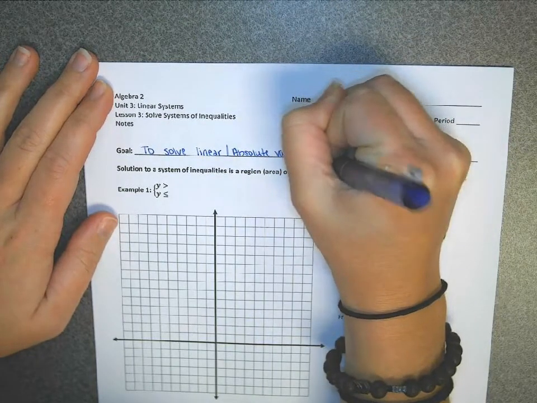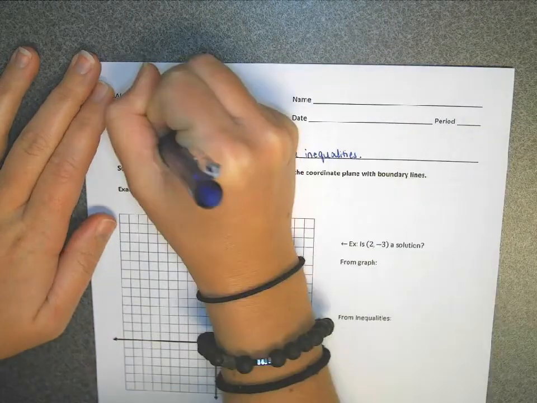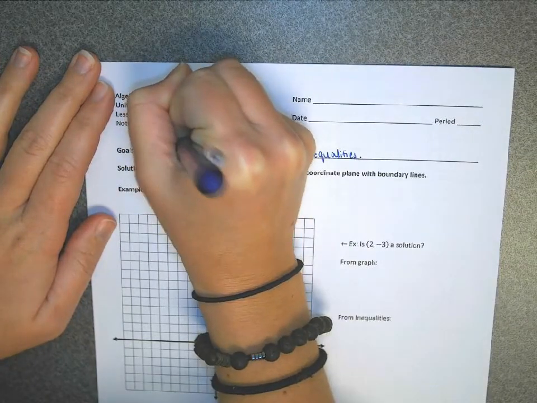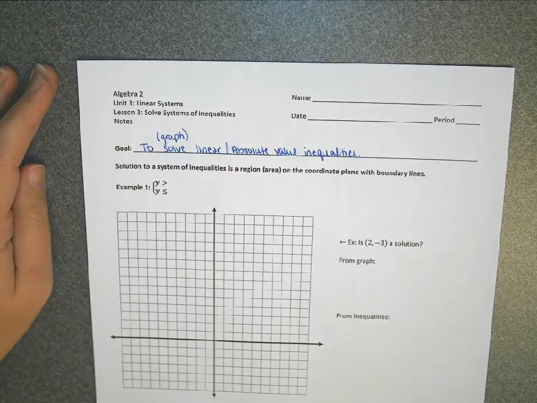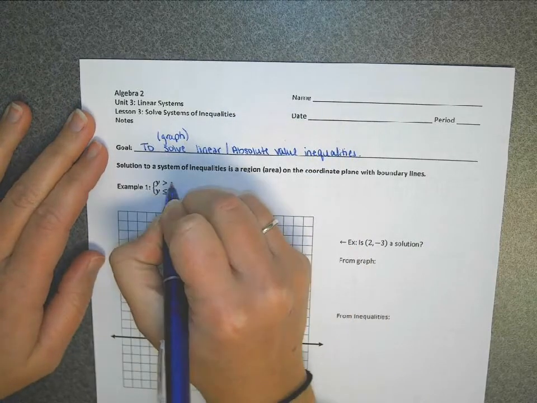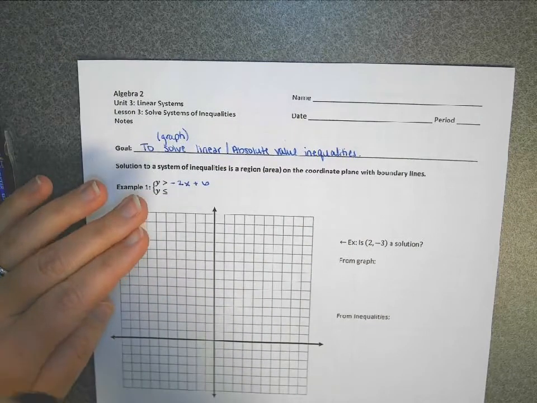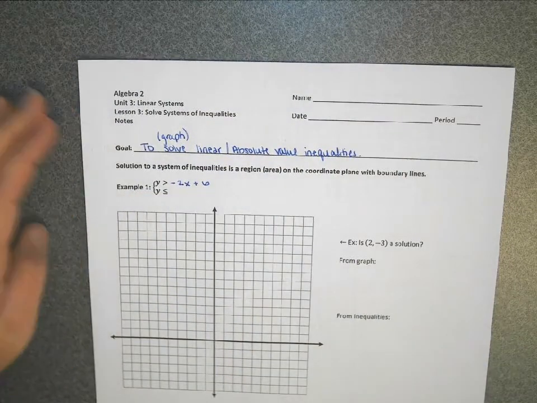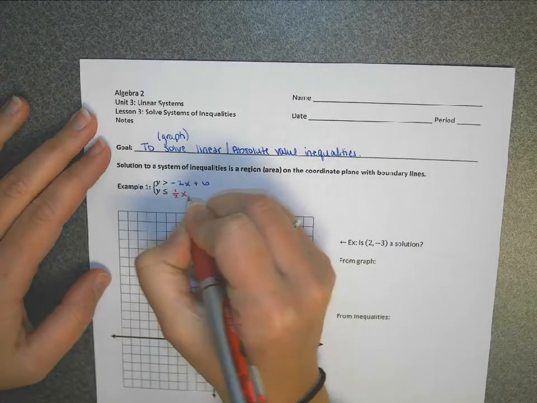And in order to solve them, what we're actually doing is we have to graph them, because our solution is going to, again, be a region like it was before. So our first example is y is greater than negative 2x plus 6. And then my other inequality is y is less than or equal to 1/2 x plus 3.